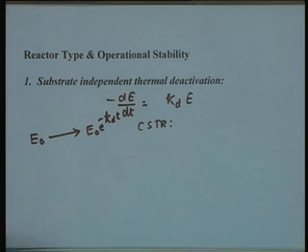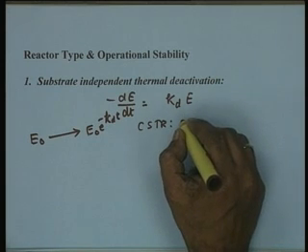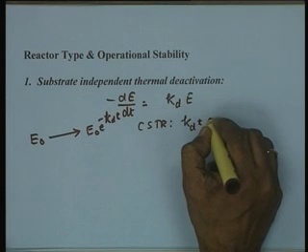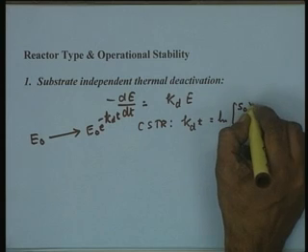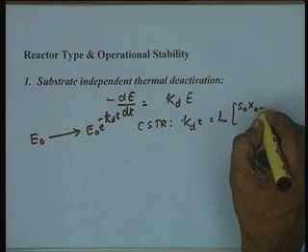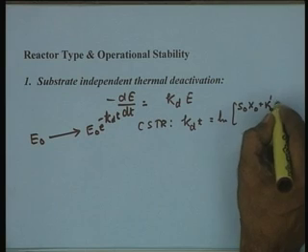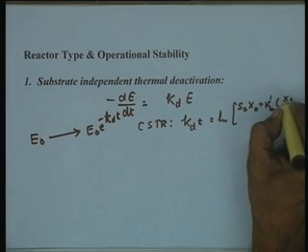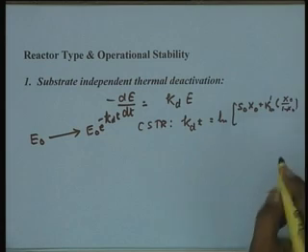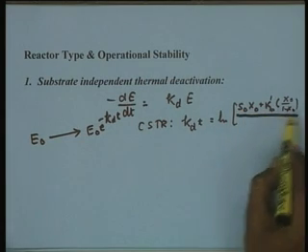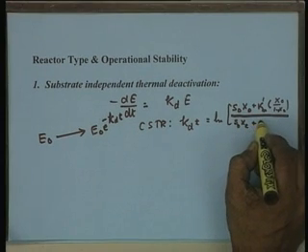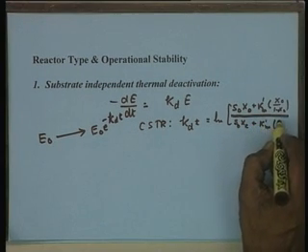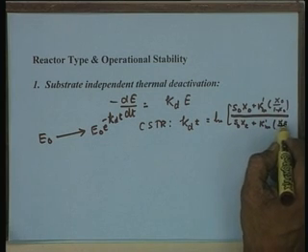In the case of a CSTR, kd into t equals ln of the quantity S0 x0 plus k dash m x0 upon 1 minus x0, the whole divided by S0 xt plus k dash m xt over 1 minus xt.